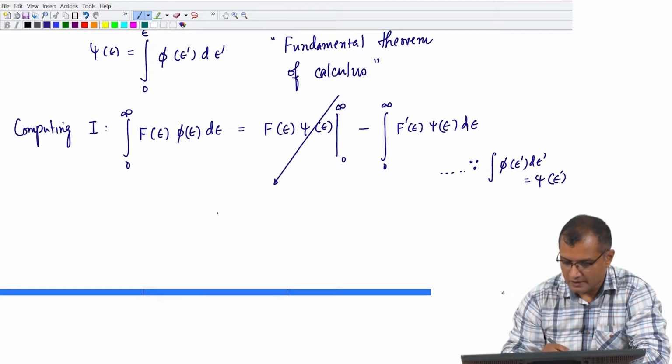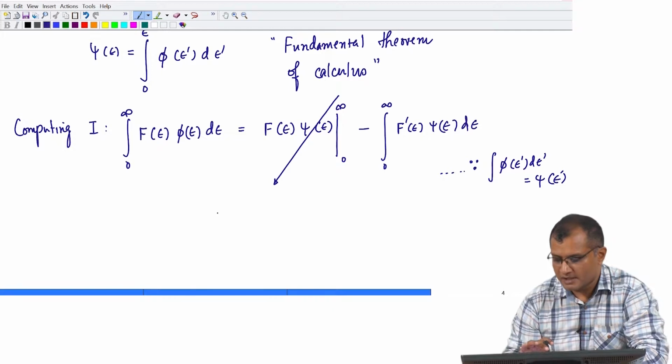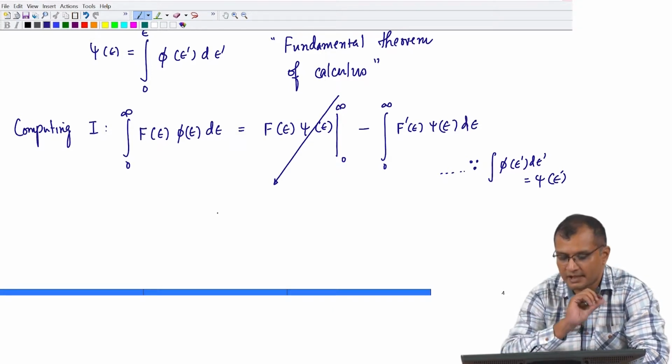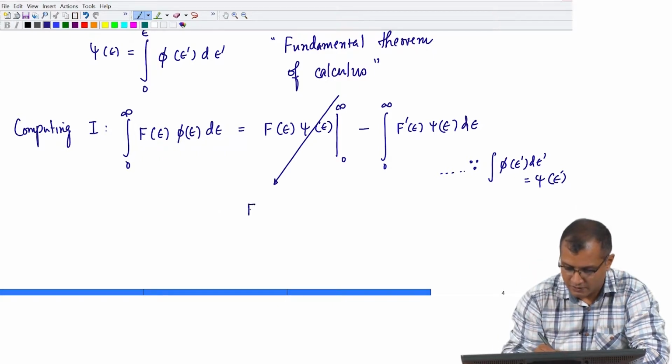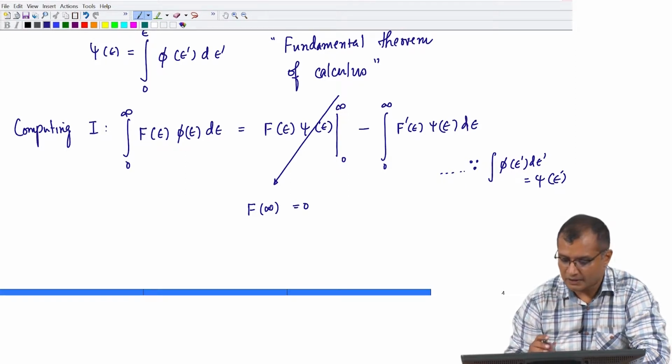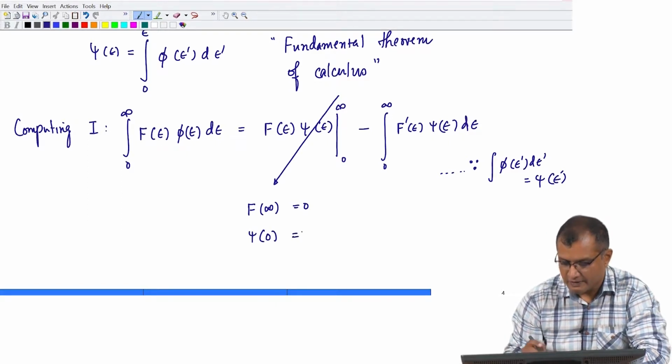Simply because at infinity we do not know what is going on with the function psi, but I know for sure that my Fermi function is 0 at infinity. So, this is 0 at infinity, and at 0 the Fermi function is finite, but psi of 0 is 0.